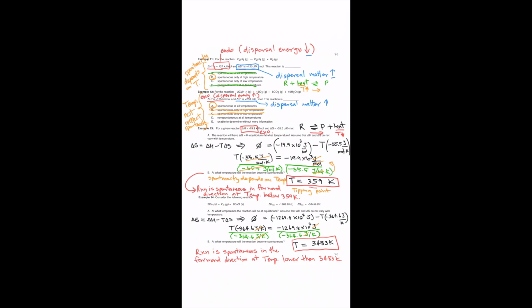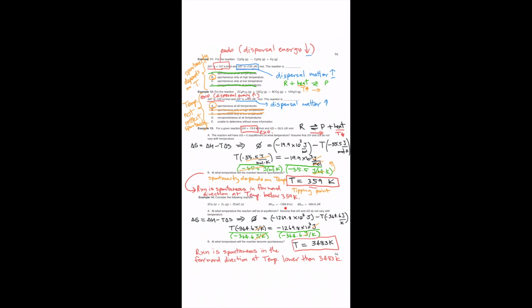So the reaction proceeds spontaneously in the forward and reverse direction at equal rate at the equilibrium. However, at a temperature outside this range, the reaction can either be spontaneous or non-spontaneous. Because this reaction has a negative delta H, it indicates this is an exothermic reaction.